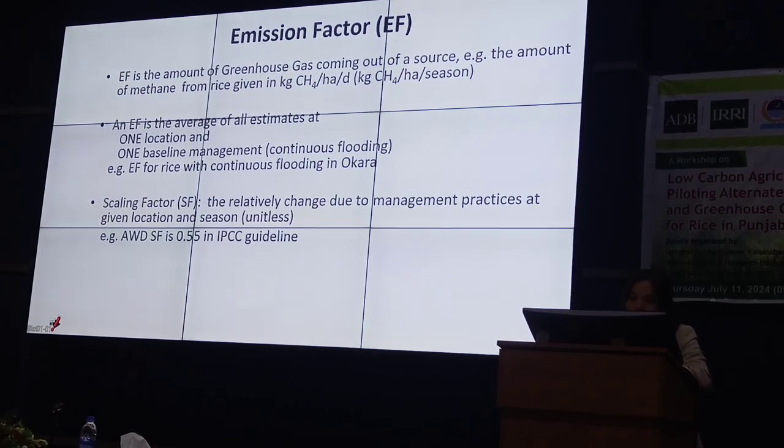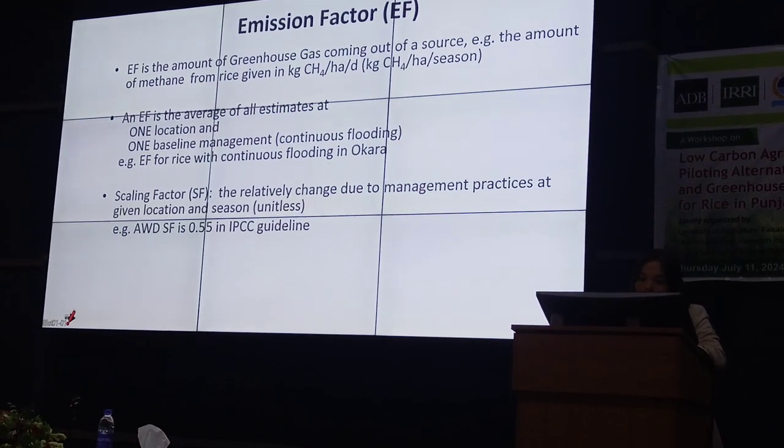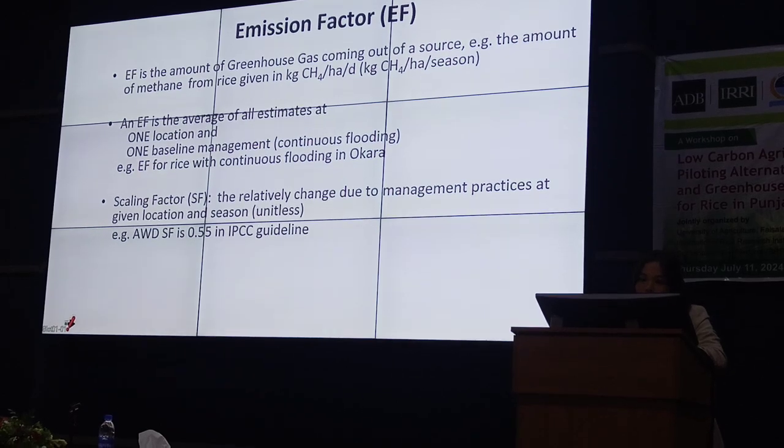So if there is a 50% reduction, the scaling factor will be 0.5, whereas the AWD scaling factor given by IPCC now is 0.55.